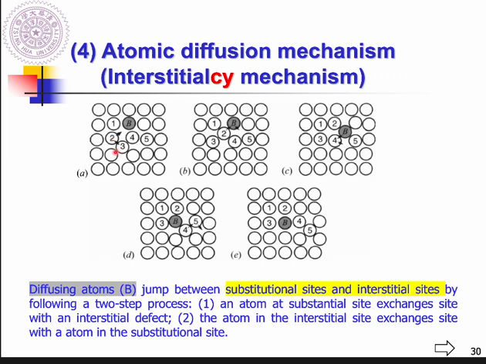So what happens here and finally here? Probably you will say that as time increases, you visualize the diffusing atom B moving from here to here.